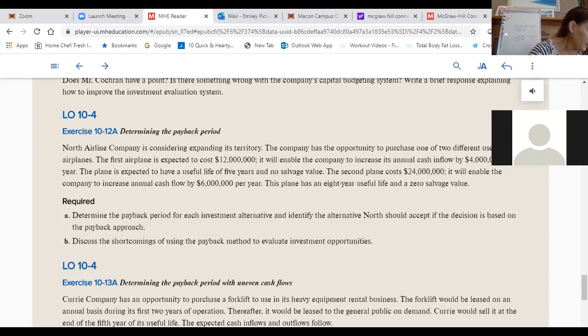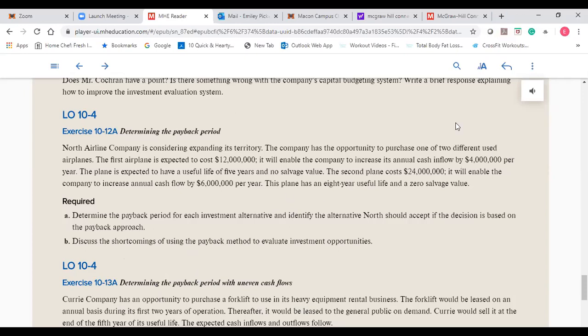Then the second part of this is, what are the shortcomings of using the payback method to evaluate this? Obviously, the first one is that no time value of money is considered in this case. But the other one is the life of each of them. The first plane has a useful life of 5 years and the second one has a useful life of 8.